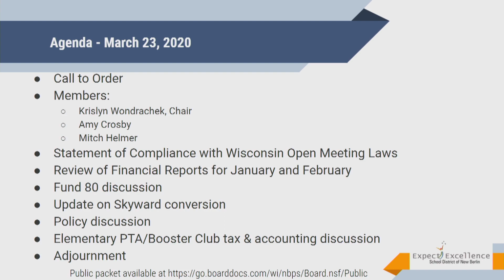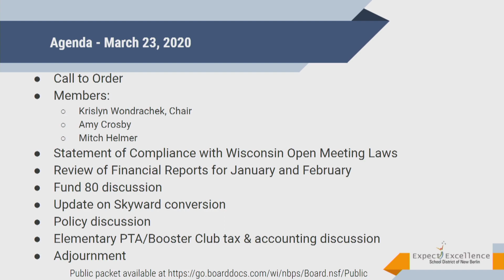The other thing that we can't do with Fund 80 that we used to be able to do is make large assumptive transfers from the community service fund to the general fund. School districts used to have the liberty of estimating what the expenses were for the community services and just charging that off.